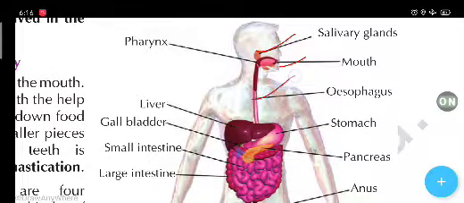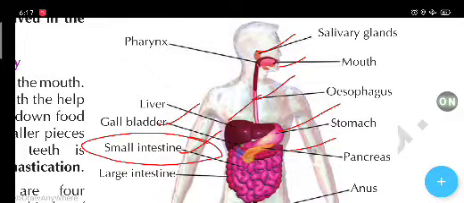And the esophagus gives the path for the food to enter into the stomach. After the stomach, the liver and pancreas secrete some digestive juices that help to digest the food. Then the gallbladder stores the bile juice, and in the small intestine complete digestion of food takes place.